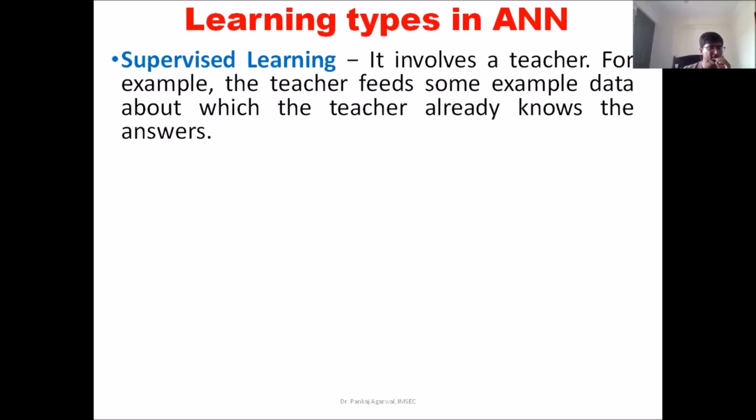And once that learning is achieved, then we can give the new inputs, and based on what we have learned from the training, we expect that the system should be able to give the correct responses corresponding to the new inputs. So in supervised learning, we have the inputs and the corresponding outputs, and each and every input is labeled with an output.